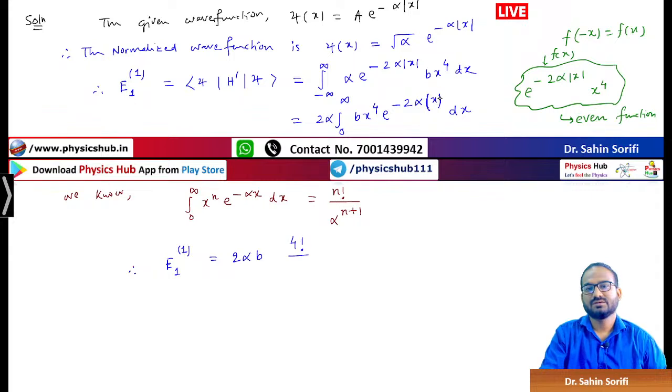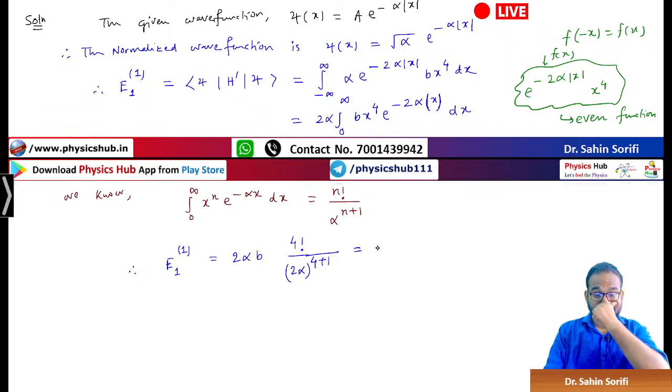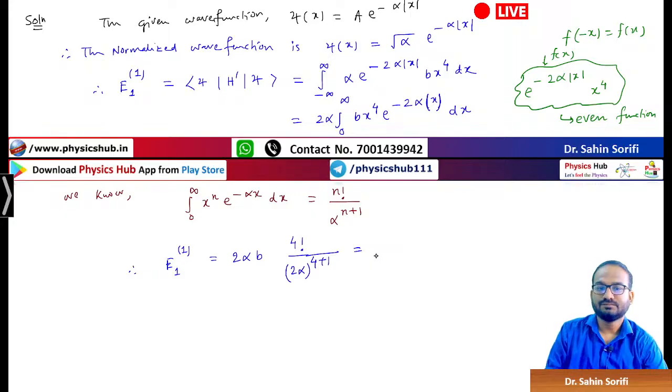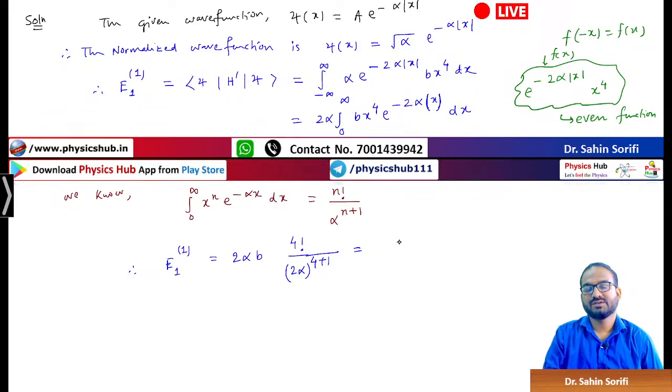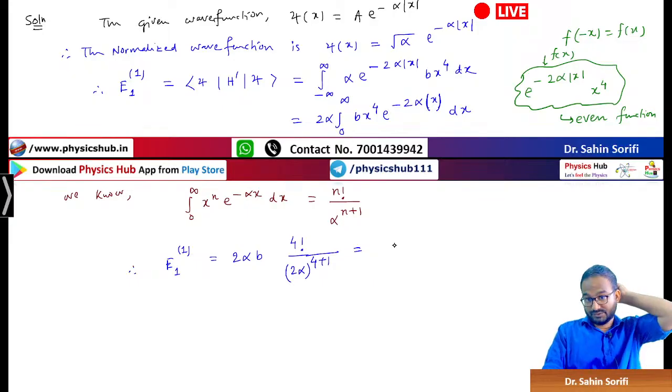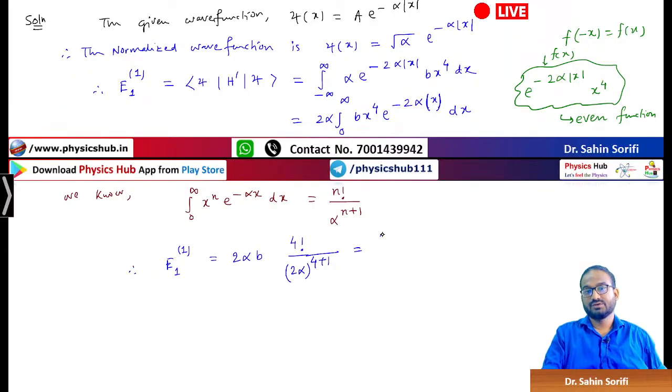minus 2 alpha here. Sorry, minus plus. So 2 alpha to the power n plus 1, that is 4 plus 1. So what is this value? 2 alpha beta into 4 factorial. 4 factorial means 4 into 3, 12, 12 into 2, 24. So 2 into 24 alpha beta divided by 2 to the power 5 into alpha to the power 5.